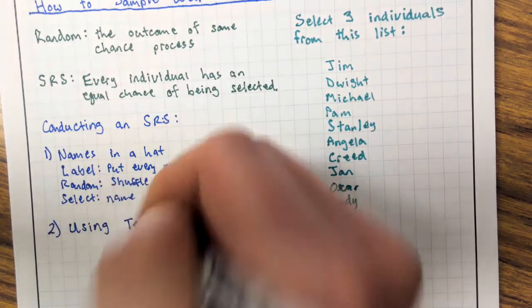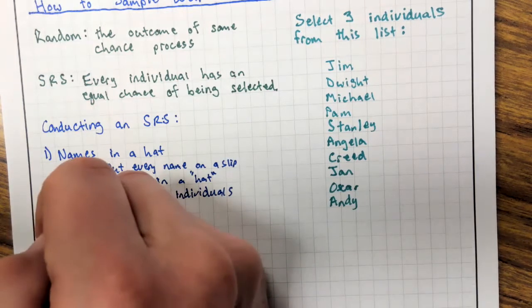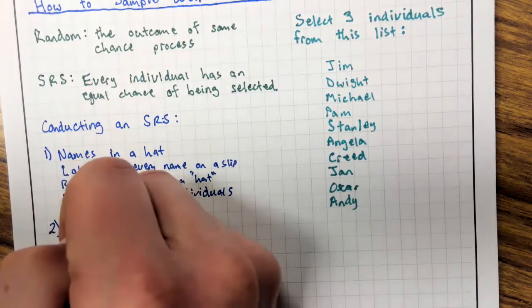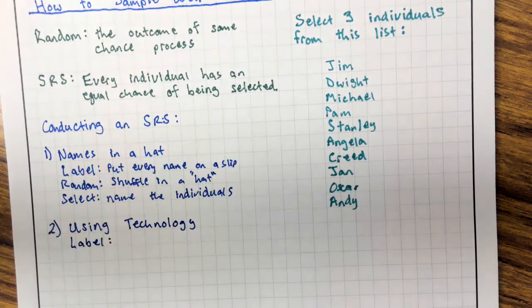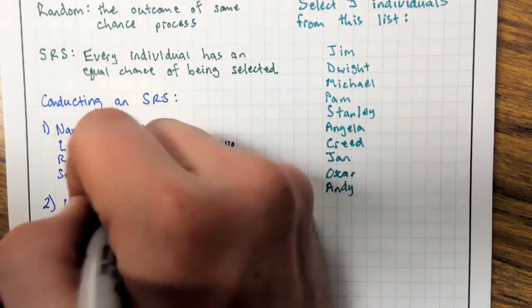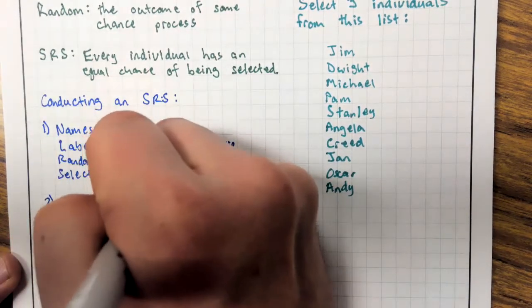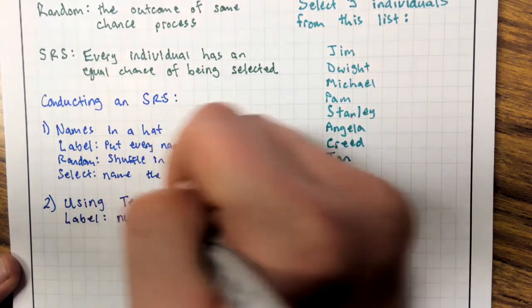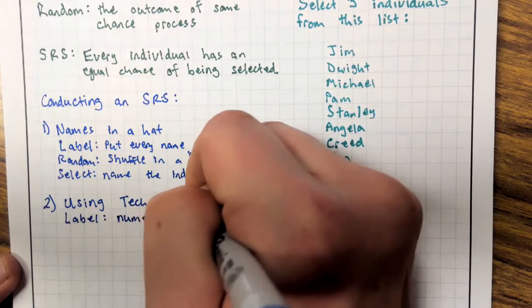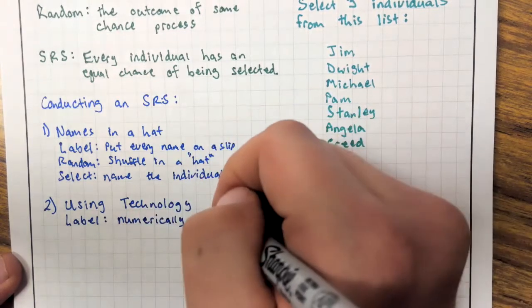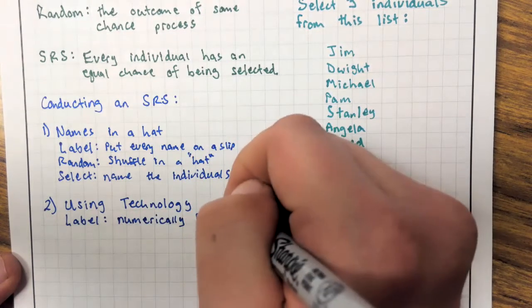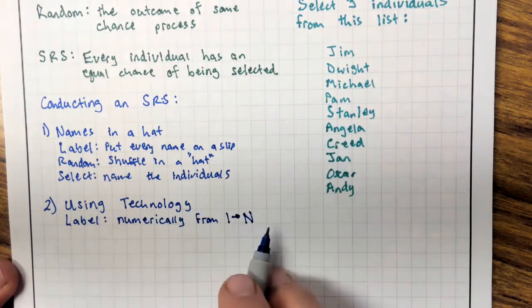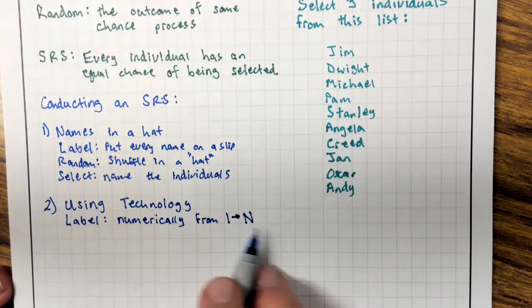So we're still going to start off with labeling. We're going to label numerically from 1 up to the population number, the capital N here, however many people represents our population.